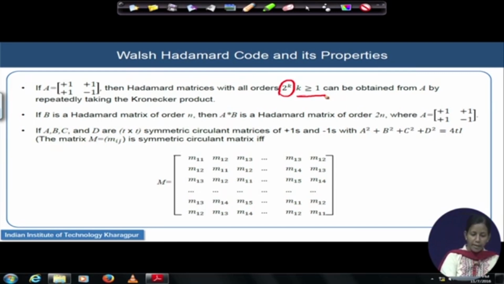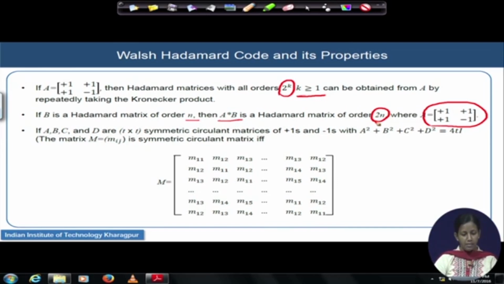So you can generate several Hadamard matrices from A by simply increasing the order by powers of 2, the way we have shown earlier. If B is a Hadamard matrix of order n, then A Kronecker B will be a Hadamard matrix of order 2n.